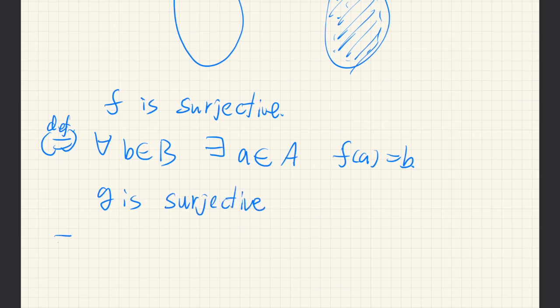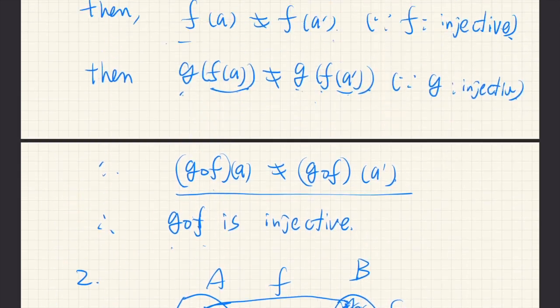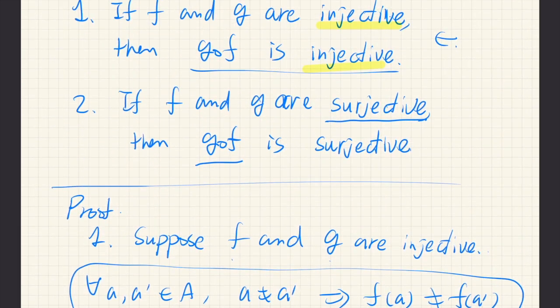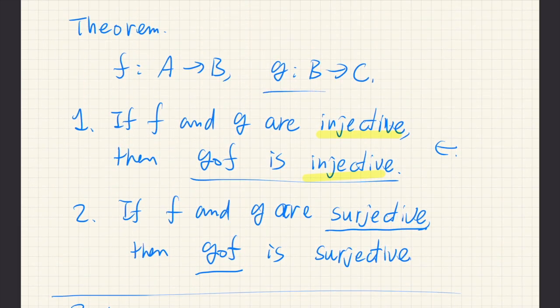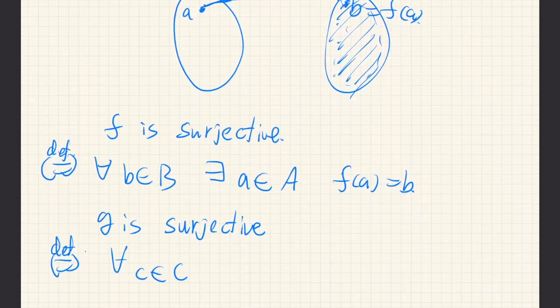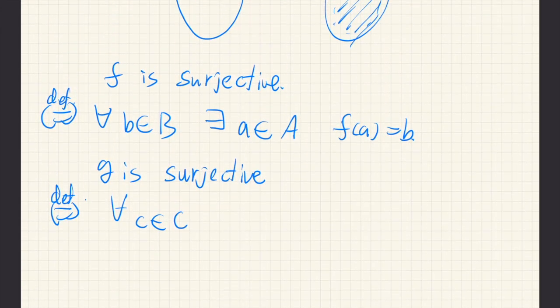So that means, by definition, for every element in C, remember g is a map from B to C, so the codomain is C, and for every element in C, there exists some element in B such that g of B is equal to C.